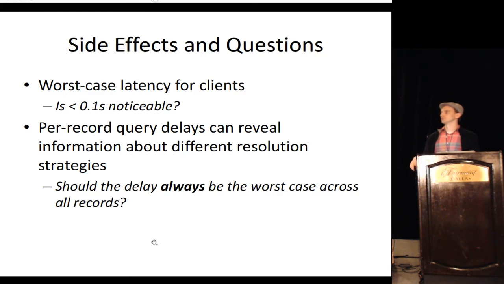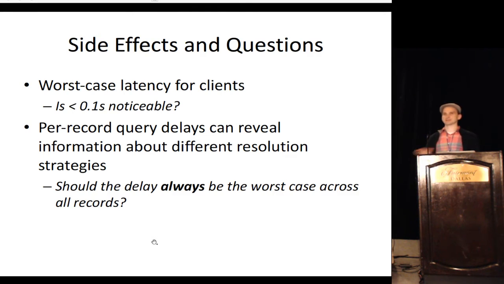So, if two particular queries had completely different resolution times, subsequent queries for those same names would be delayed for different amounts of time. And that can reveal a lot of information about, for example, what the resolution strategy is for that particular name.